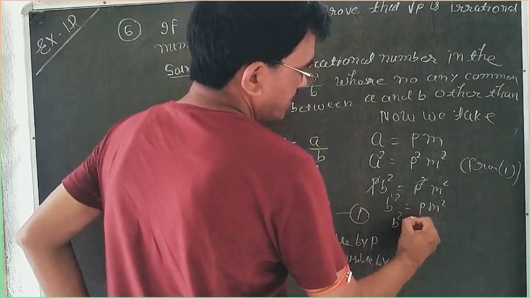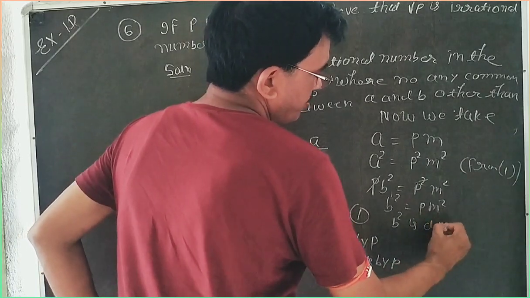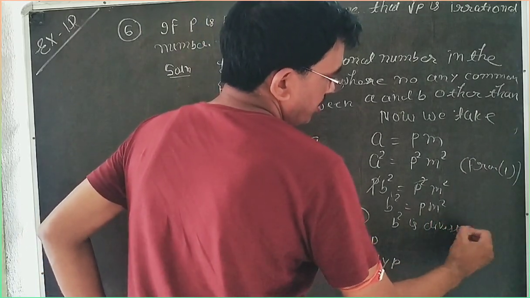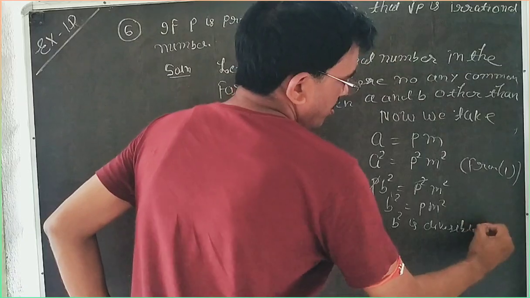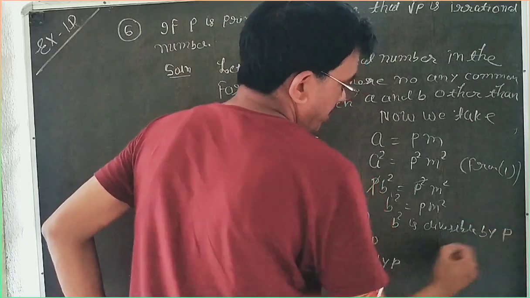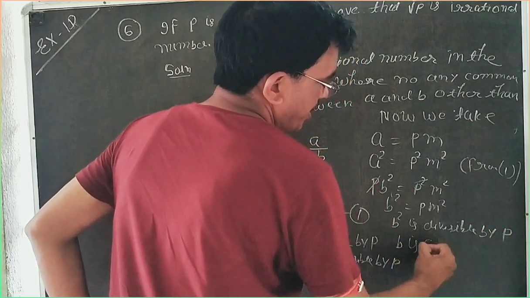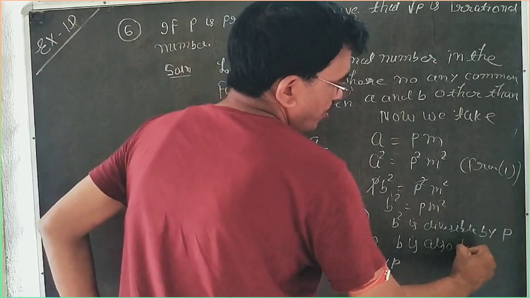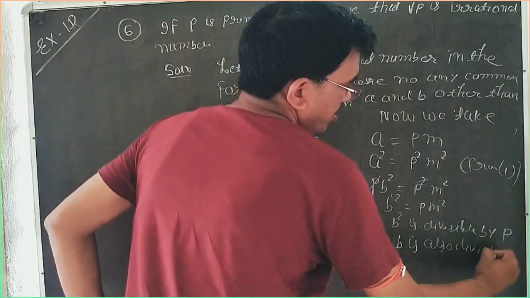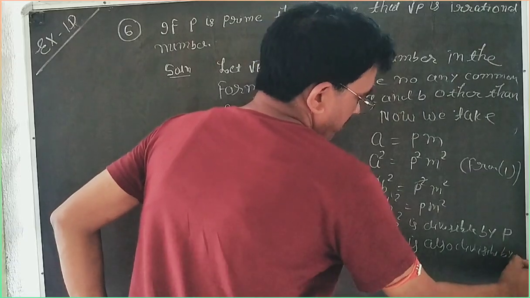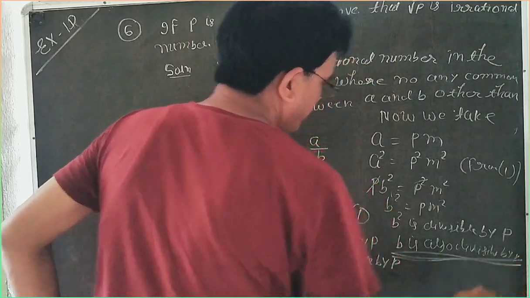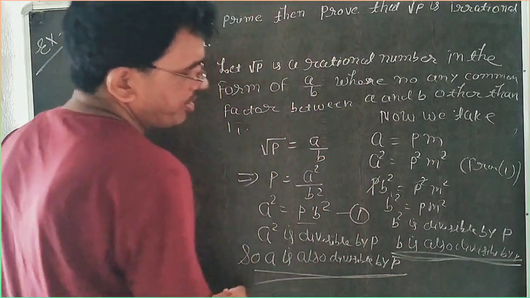Hence b square is divisible by p. So b is also divisible by p. Now find out: b is divisible by p and a is divisible by p.